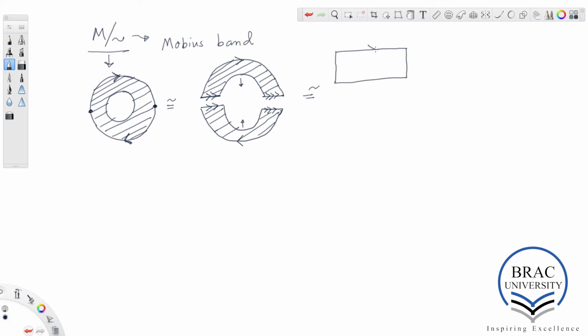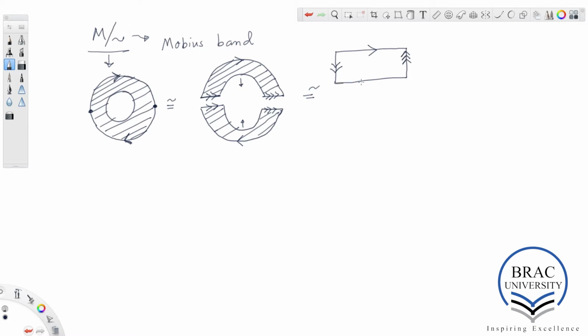Okay, with the top edge of the rectangle directed to the right, and the left edge of the top rectangle directed downwards, right, and the right edge of the rectangle being directed upwards.